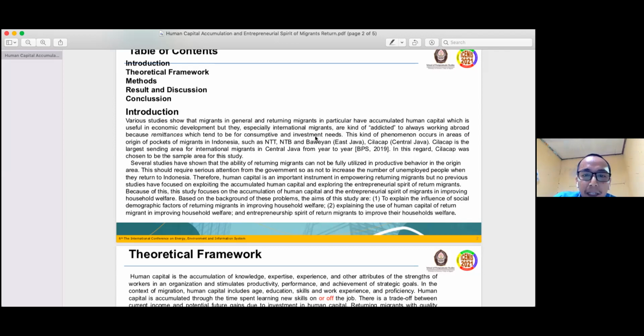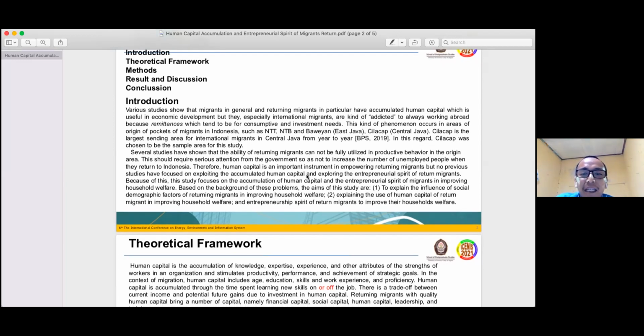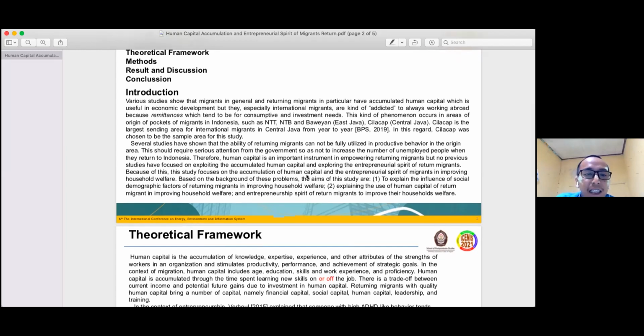Ladies and gentlemen and moderator, Mr. Rifka, Indonesia is known not as a maritime or agricultural country, but as a country of migrants. Several studies have shown that the ability of return migrants cannot be fully utilized in productive behavior in the area of origin. This should require serious attention from the government so as not to increase the number of unemployed people when they return to Indonesia.